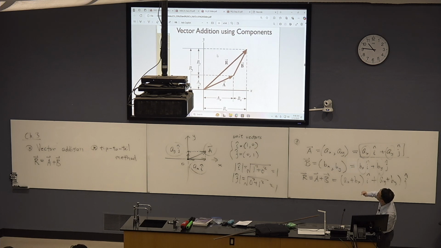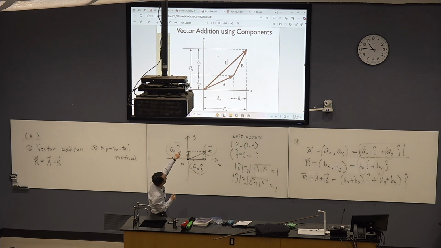So now let's look at here. How would you get the sum? You have vector A, vector B, and then you use the tip-to-tail method, for example. Connect the tip of vector A to the tail of vector B. Then eventually you connect the tail of vector A all the way to the tip of vector B. Then you get the resultant vector.